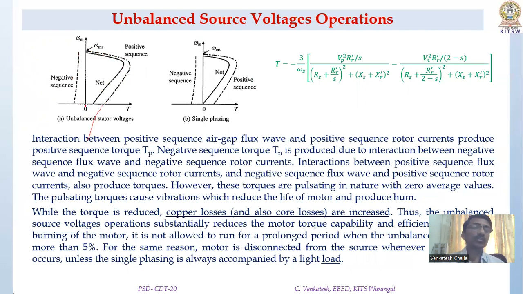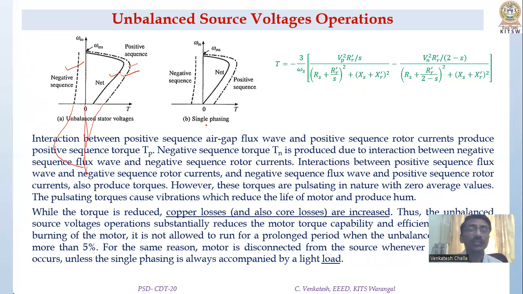And if, for example, the motor is running with negative voltage, now the characteristic will be like this. So this part is the one that we are observing. So the positive sequence component will produce this one, the negative sequence component will produce this one, and hence the net torque will be the algebraic sum of these two, and it will be this thick line.